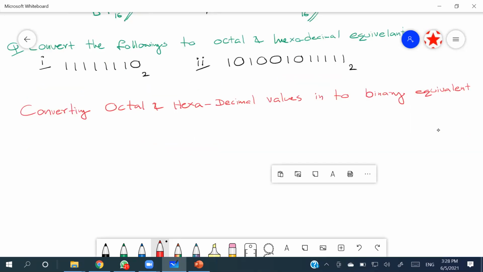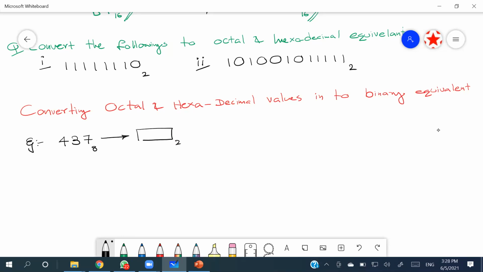So first, the first example that I'm going to take is 437, which is in octal, and it is asked to convert to binary. So octal to binary. Now you remember what happens when binary becomes octal.